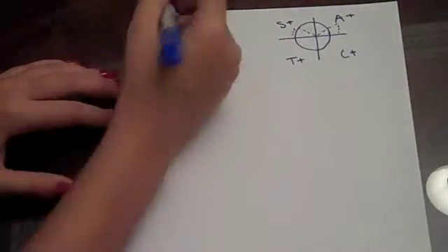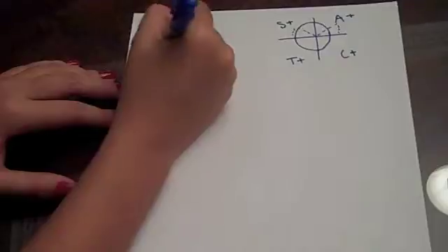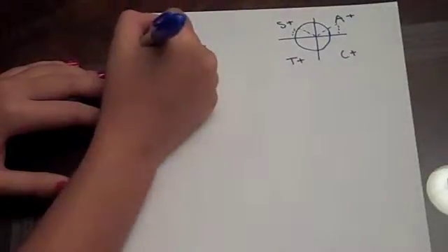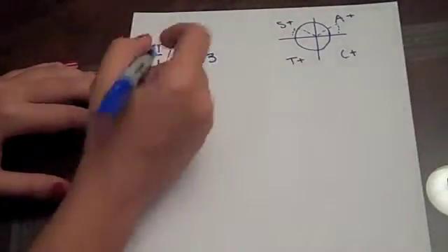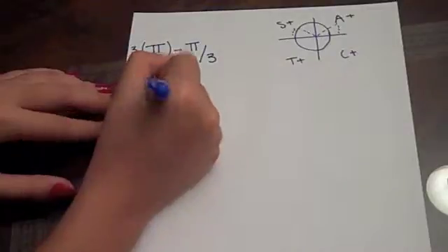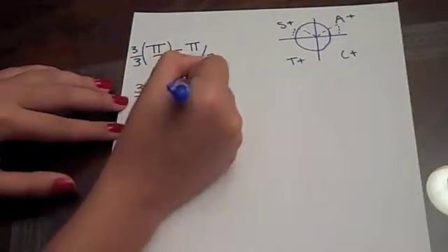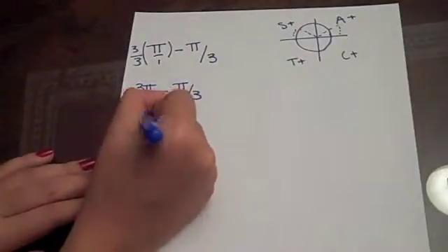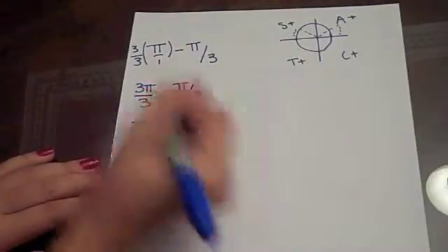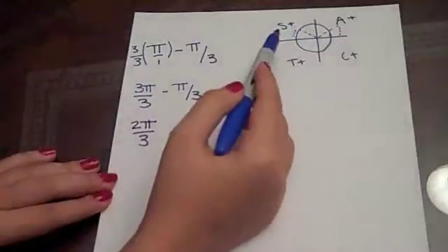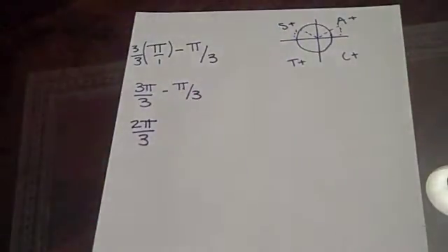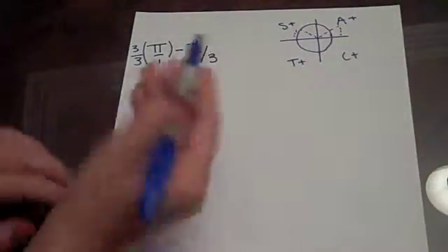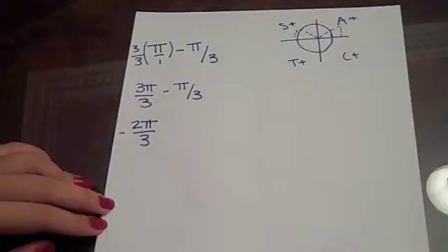So we have to change this into a proper fraction by multiplying it by 3 over 3. And we get 3 pi over 3 minus pi over 3, which is actually 2 pi over 3. And since only sine is positive, this will become negative since we are dealing with cosine.